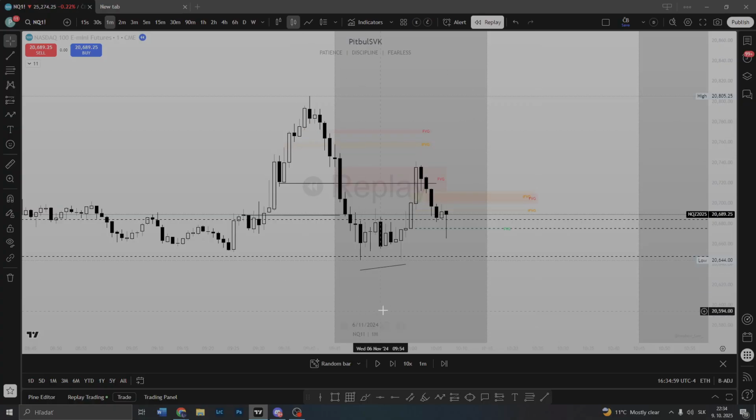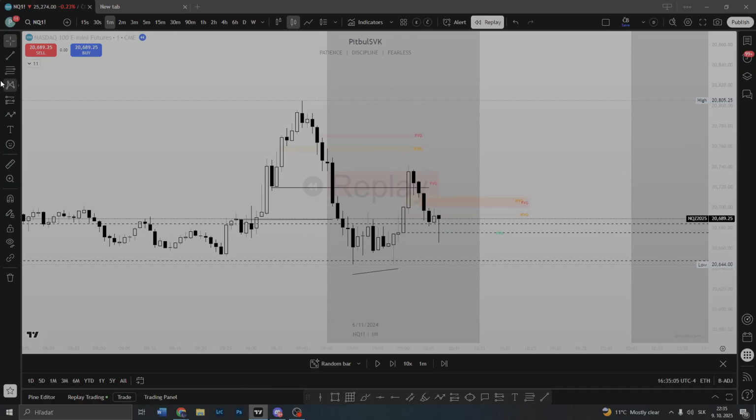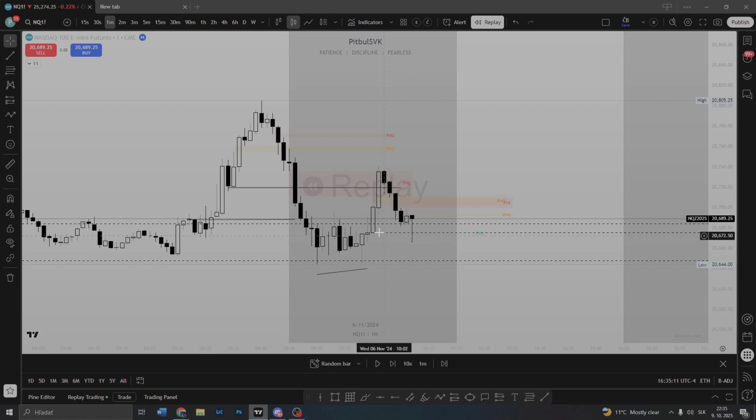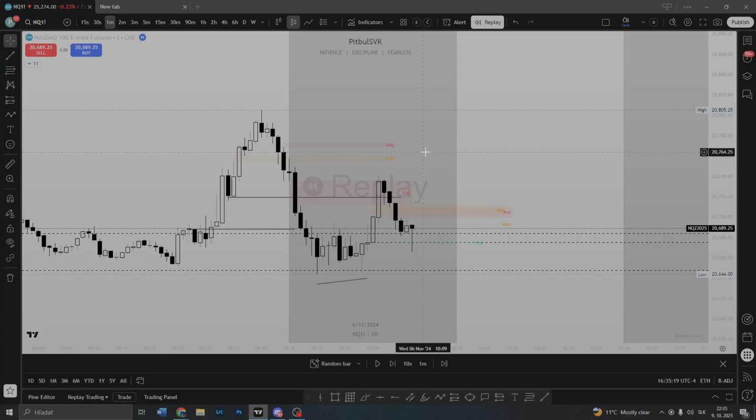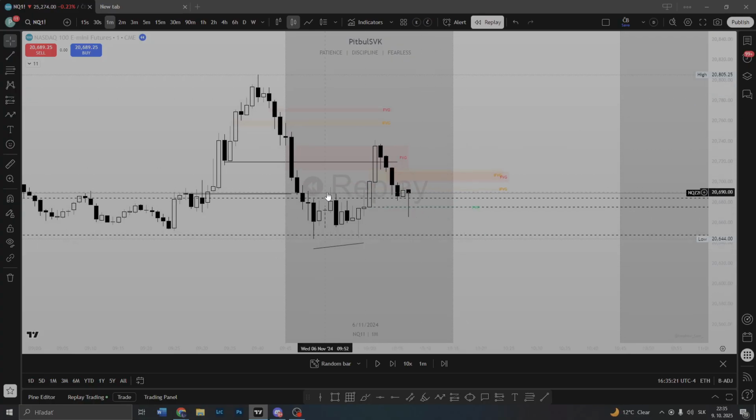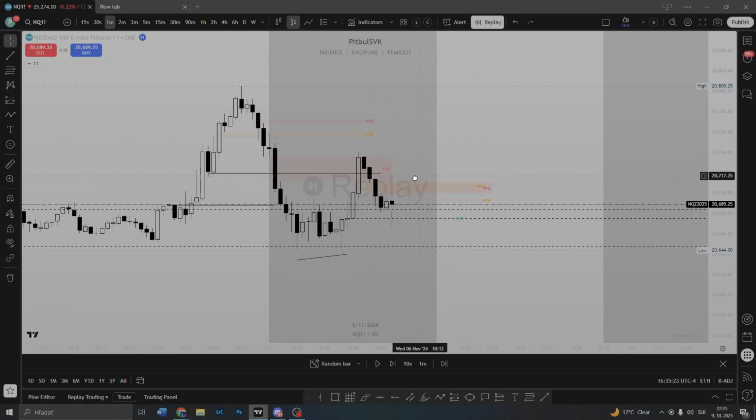Basically, we rebalanced the range from this swing high to swing low. We rebalanced the bearish range, and now we are in the OTE of the bullish range. So this is the last spot that the bulls can step in and basically just reverse the market again. Also, we are retesting this little breaker block right here.